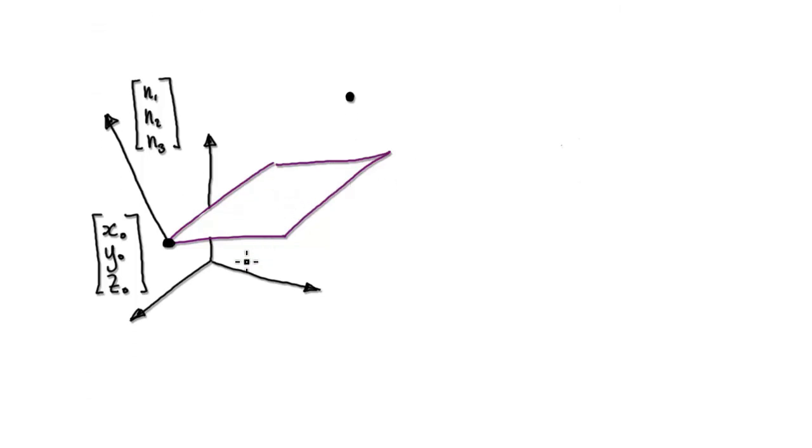So remember, with an equation of a plane, this is just a reminder, we've already done this before. If you can somehow come up with the normal vector, then you can describe the plane, because this plane is always at 90 degrees to the normal vector.